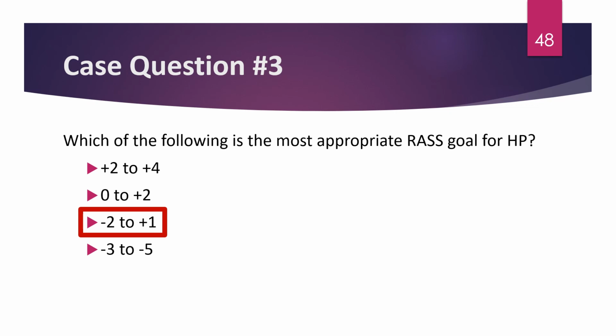Think about restlessness as basically like whenever you wake up in the morning. You might not necessarily like waking up, but it is acceptable. All the way down to -2, which is a light level of sedation. That's going to be most acceptable here for this patient. -3 to -5 only if they're paralyzed.